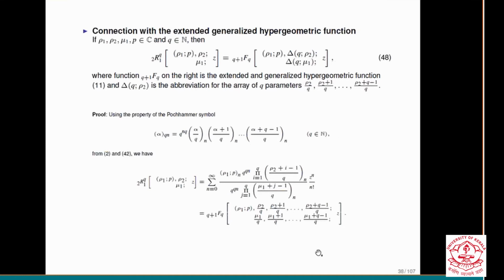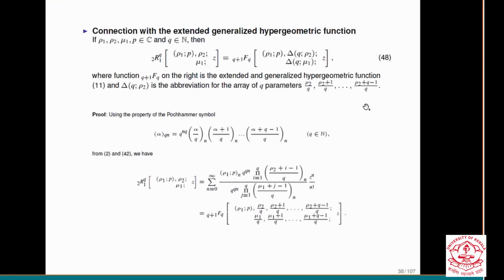And where the function q plus 1 Fq on the right hand side is an extended generalized hypergeometric function, and this delta q semicolon rho 2 is the abbreviation for the array of q parameters. So this has been defined like this: rho 2 divided by q, rho 2 plus 1 divided by q, up to rho 2 plus q minus 1 divided by q.